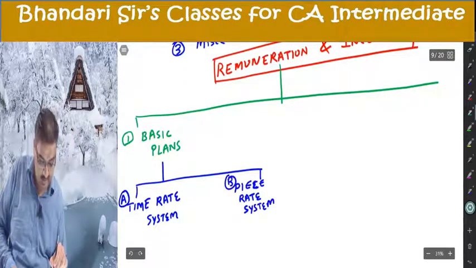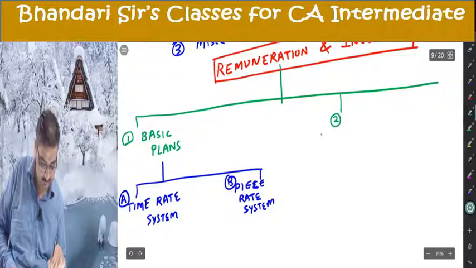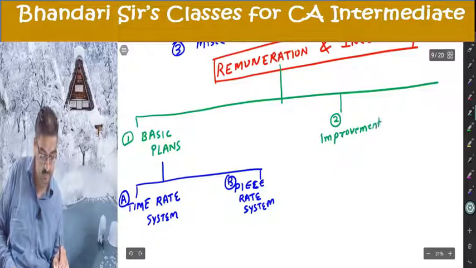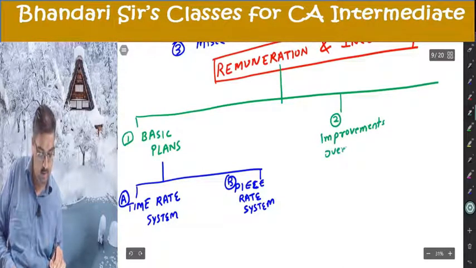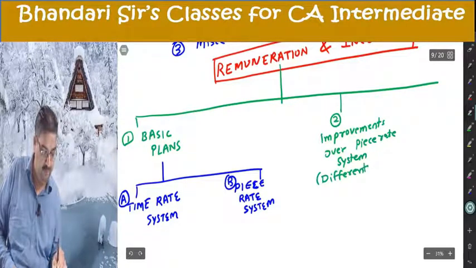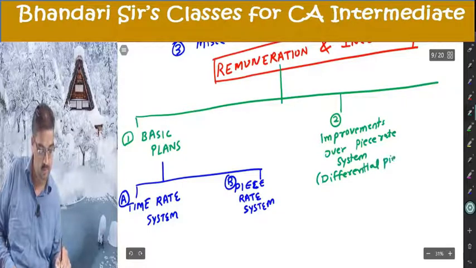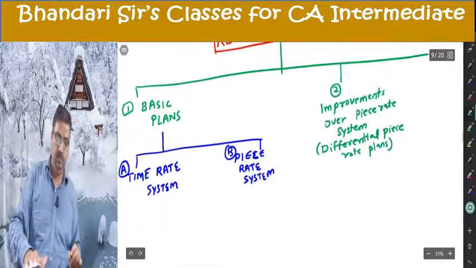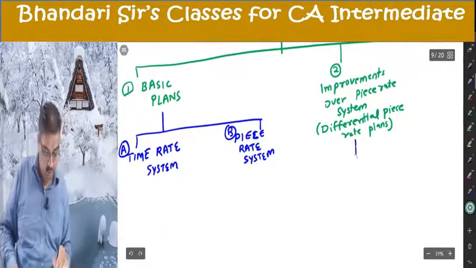In second category, we will study improvements over piece rate system. We call them differential piece rate plans. They are also two in number.